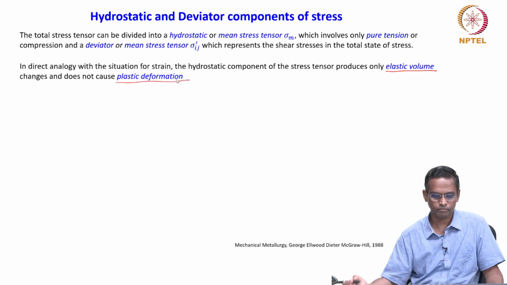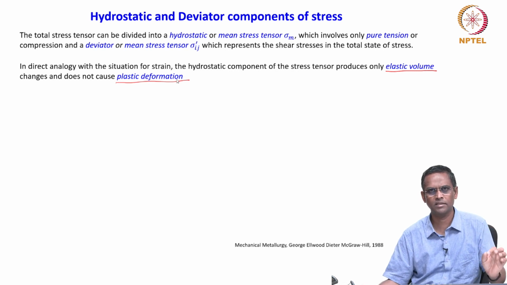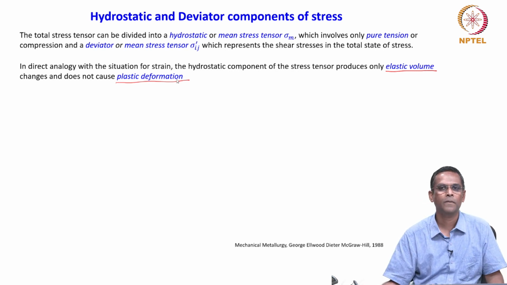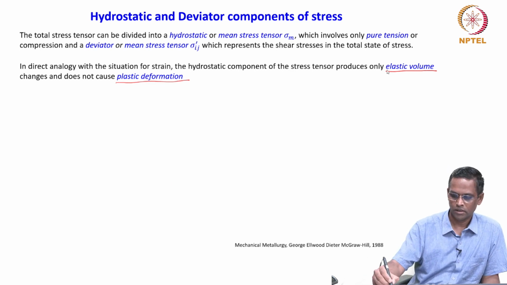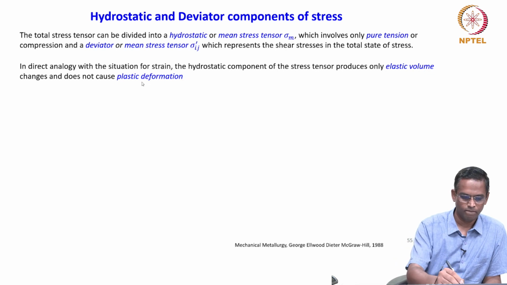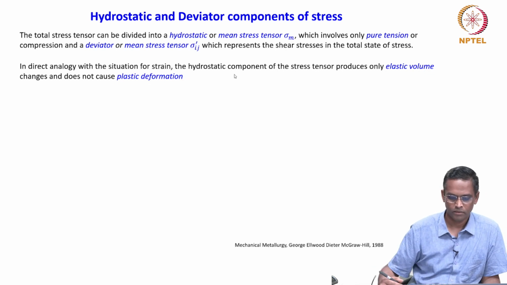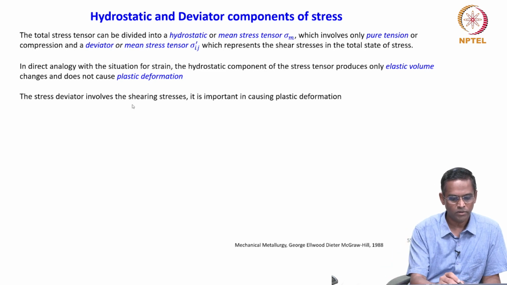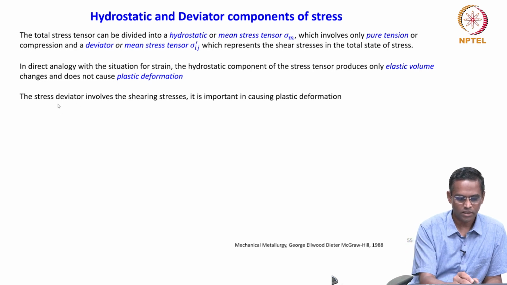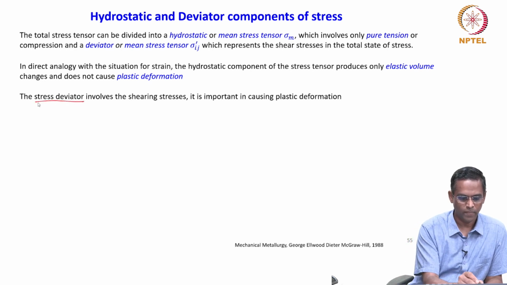We will refer to exactly this component while discussing the yield phenomenon. The stress deviator involves shearing stresses. It is important in causing plastic deformation. So, the stress deviator we have to identify how it looks like.